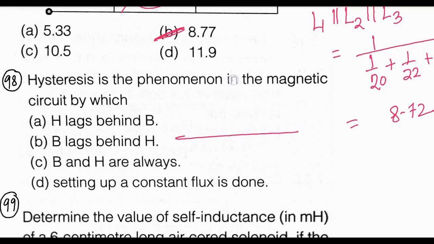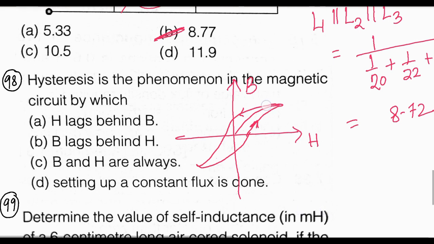This is the hysteresis curve, where the x axis represents the H and this is the B. When we are on the returning path, what is happening, H quickly becomes 0, but B becomes 0 later, that means B is following H, that means B lags behind H.